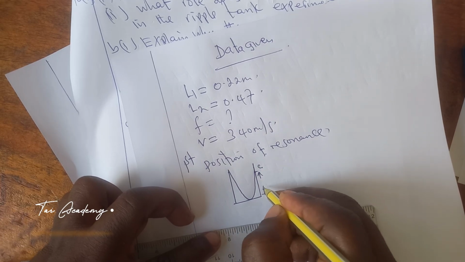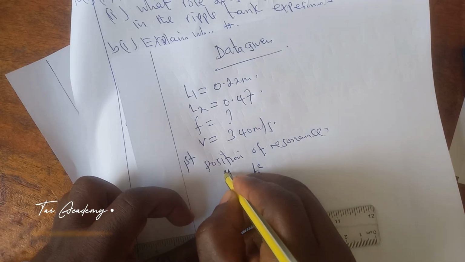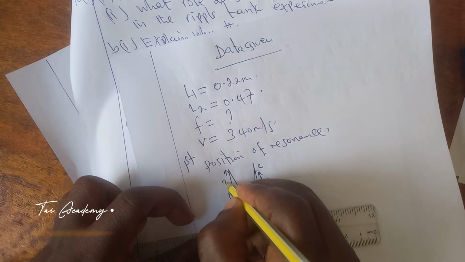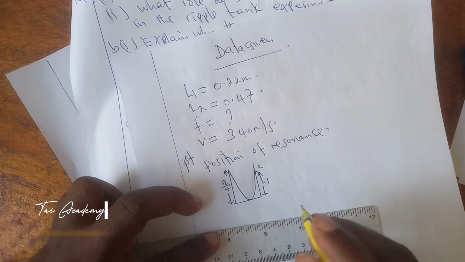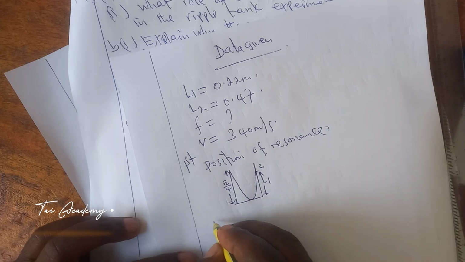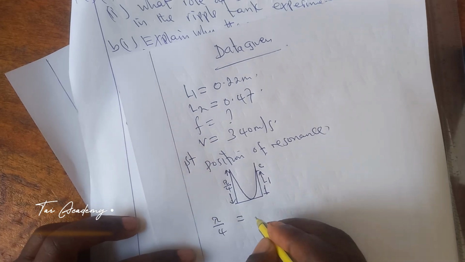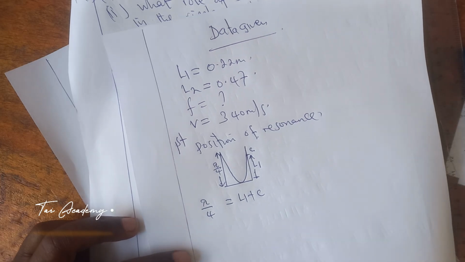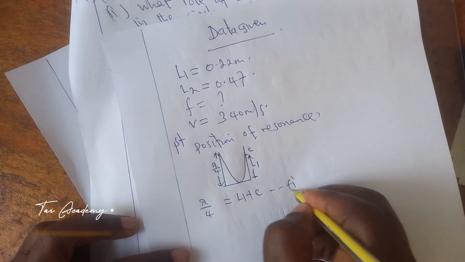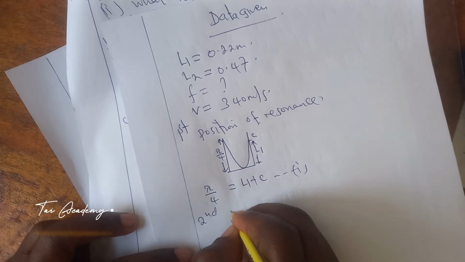This is the length, L1, from here up to here. This is wavelength over 4, or one over 4 times wavelength. Now we can say wavelength over 4 equals length 1 plus the end correction. This is equation 1.